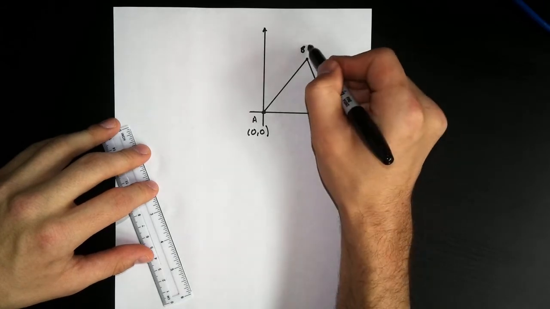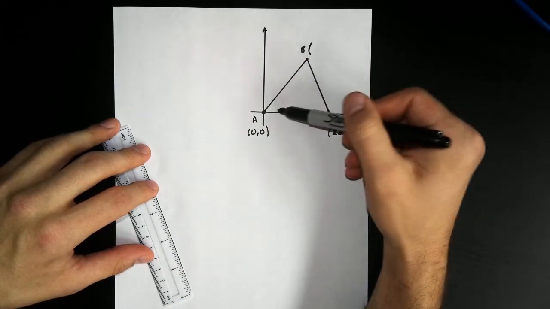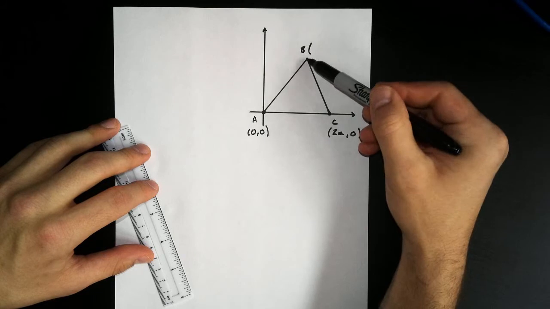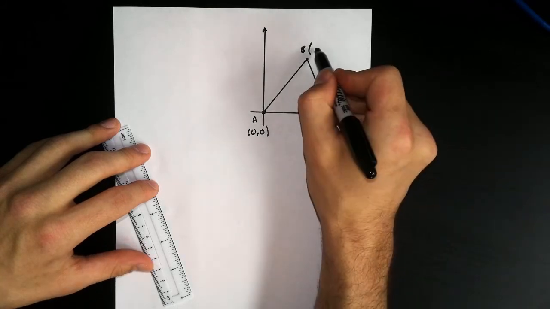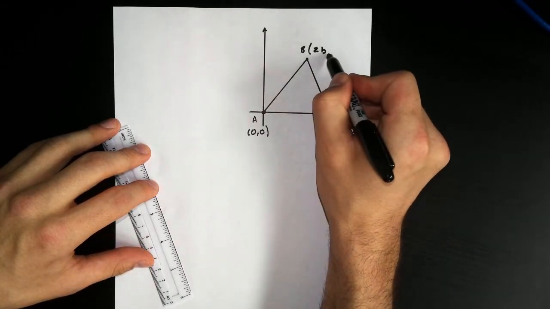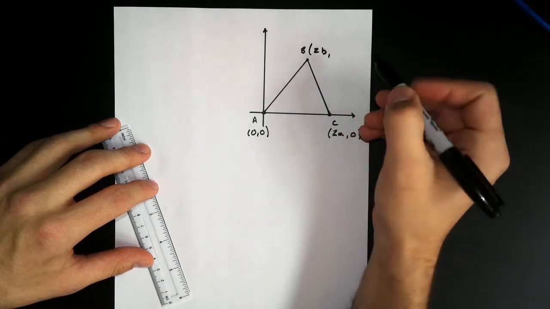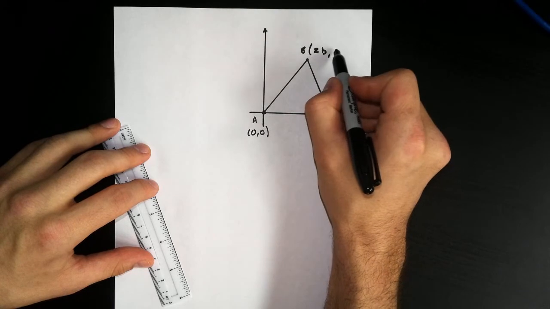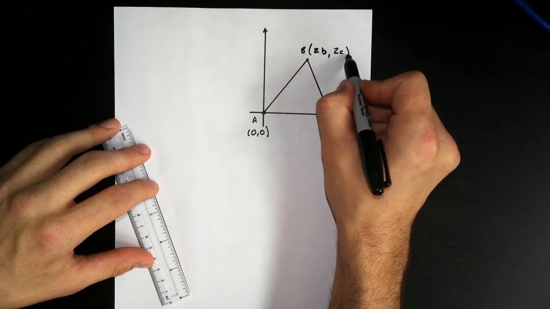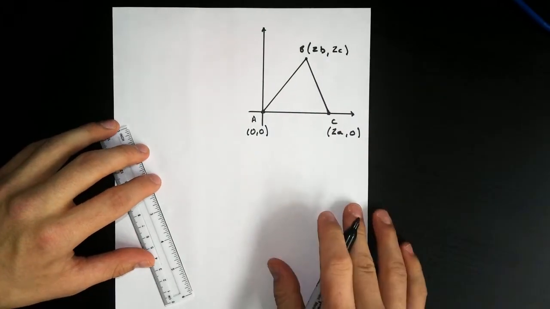Okay, then point B, this has a different x value than C, so we need to use a different variable. So let's say 2b, and then this has some y value, which we don't know. So again, let's use some variables. So let's say 2c. Okay.